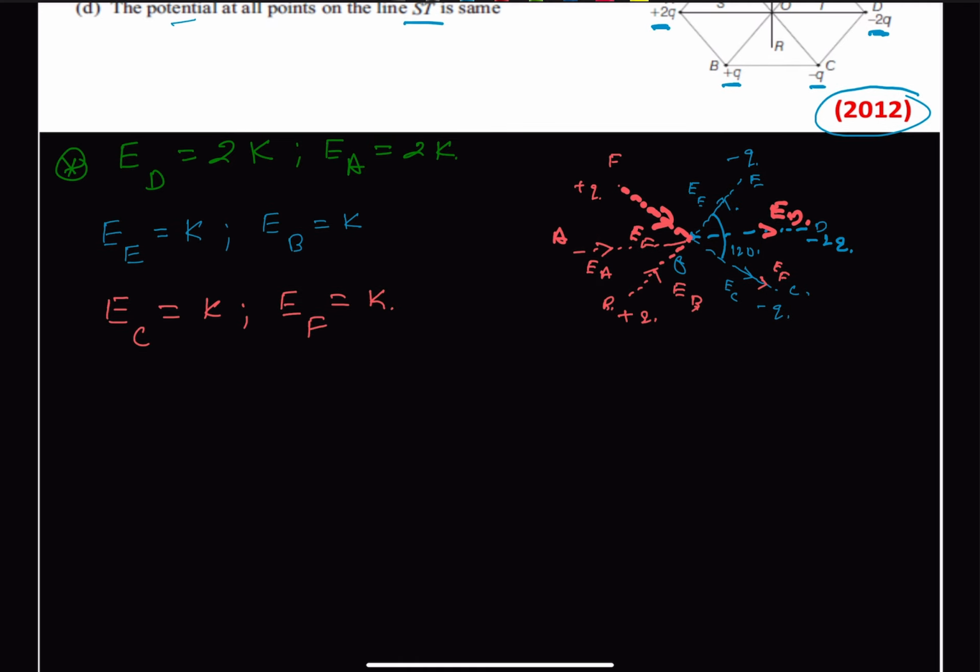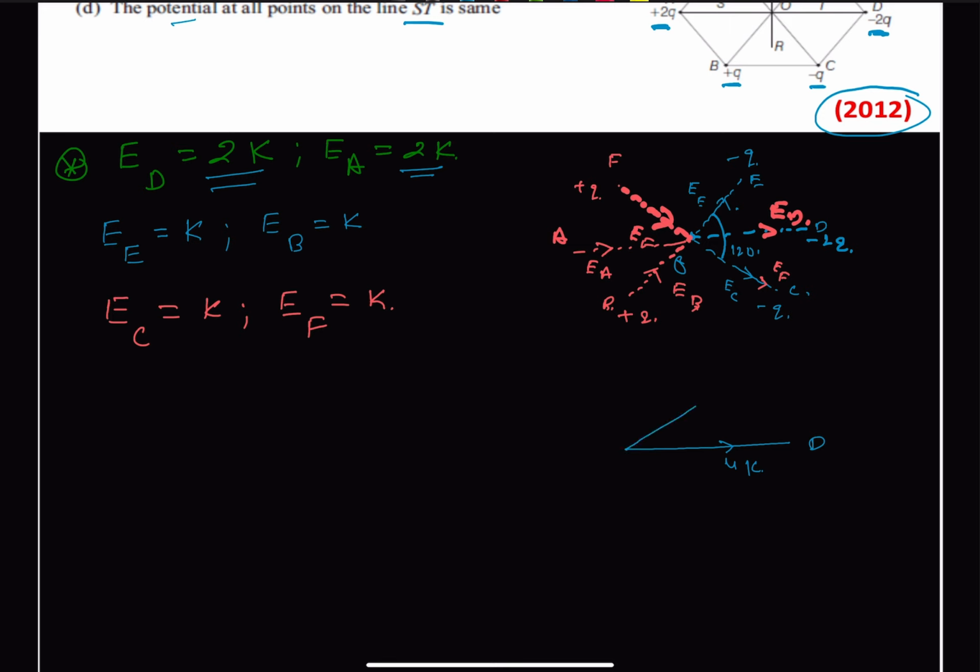So therefore we can summarize the electric field like this. Along D we are going to have an electric field equal to the summation of 2K and 2K, which gives us 4K.